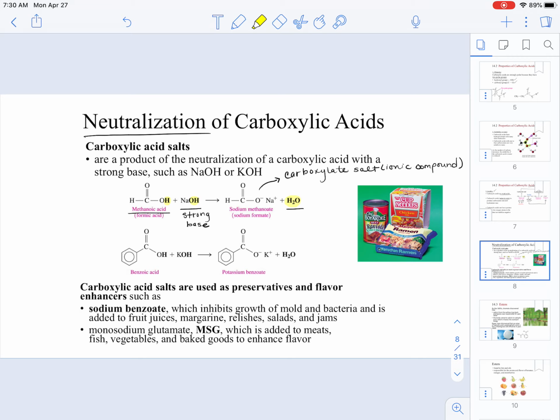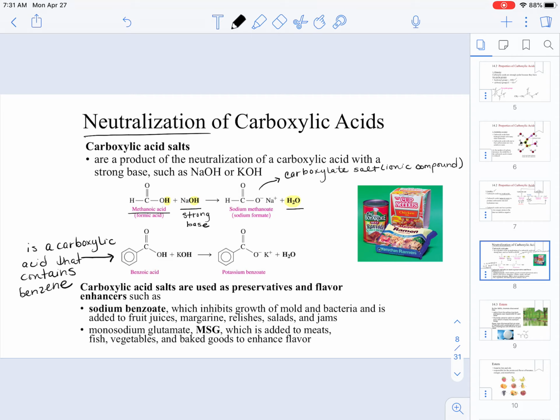So for example, in the second structure, which is benzoic acid, and I should note that this benzoic acid is a carboxylic acid that contains benzene.